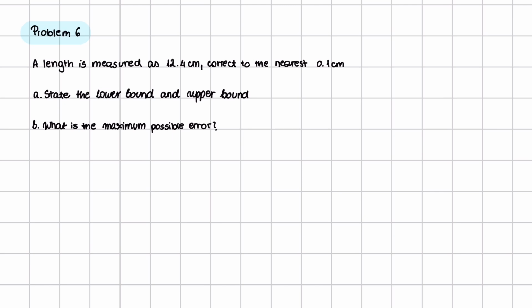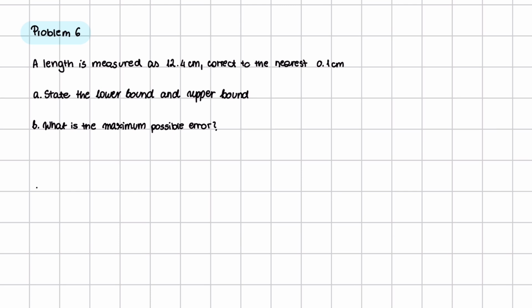So if our length is corrected to the nearest 0.1 centimeter, and we have to find the lower bound and upper bound, this means that we have to give our answer with 4 digits.